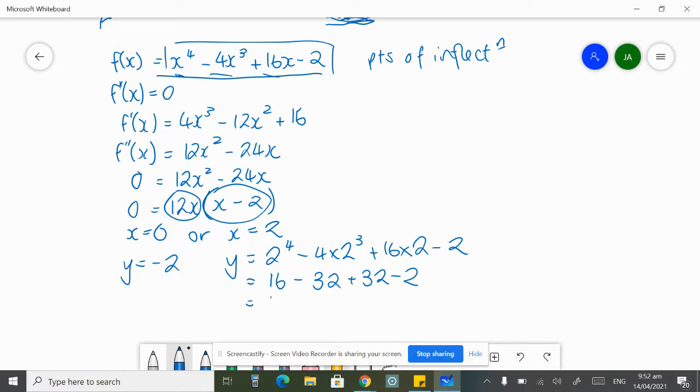They cancel out, so we end up with 14. So our 2 points would be 0, negative 2, or 2, 14.